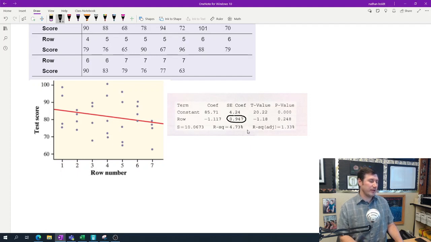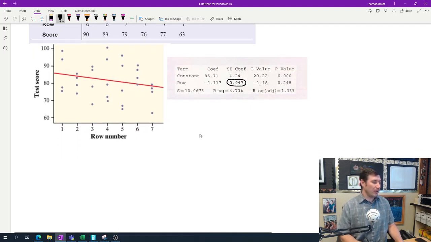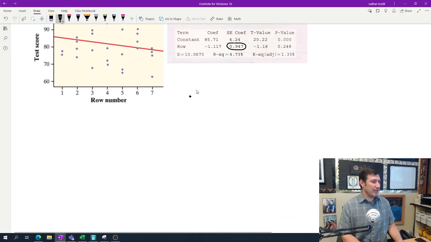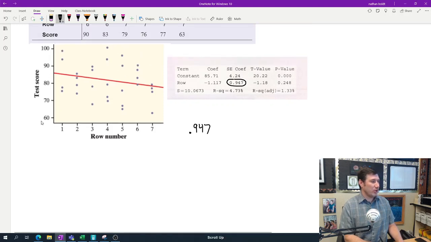That's our slope, right? So our slope is 0.947. I'll write the whole regression equation. The test score is equal to, it's not that one.